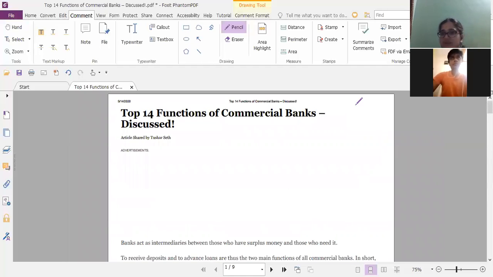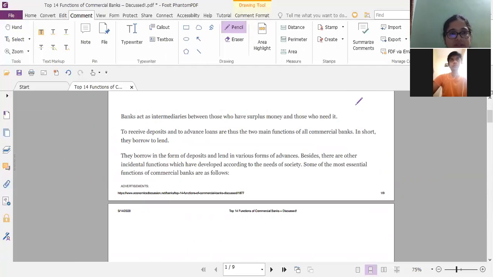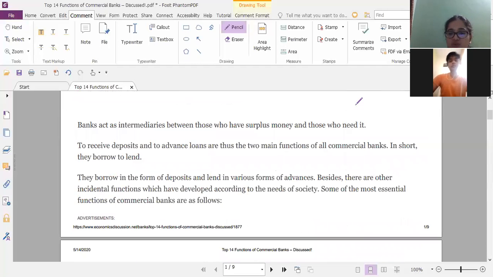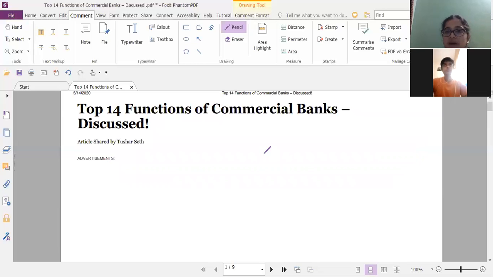So, functions of a commercial bank. Basically, there are two main functions which a commercial bank performs. Important ones are two. Then there are subdivisions under those functions, and some less important functions as well.